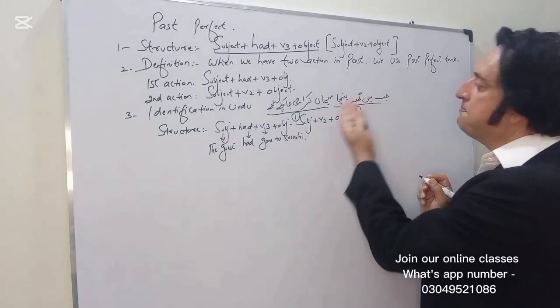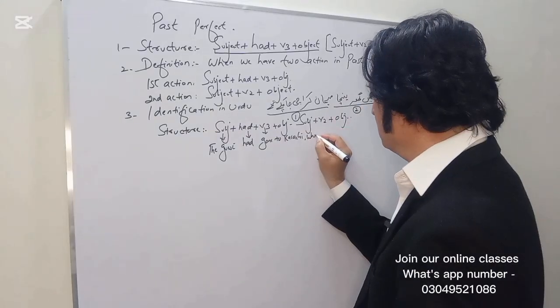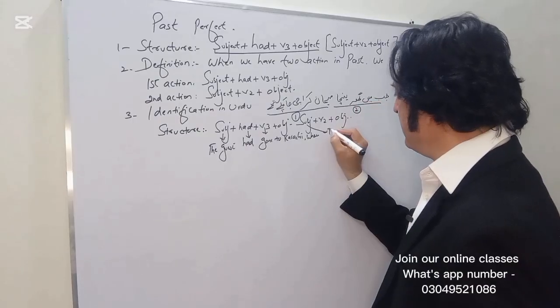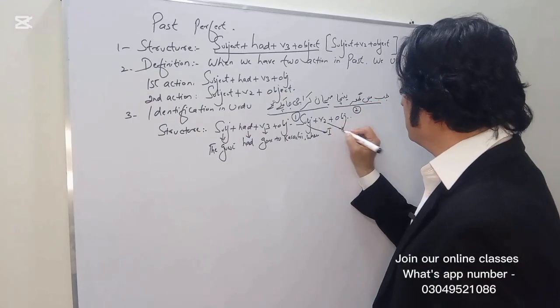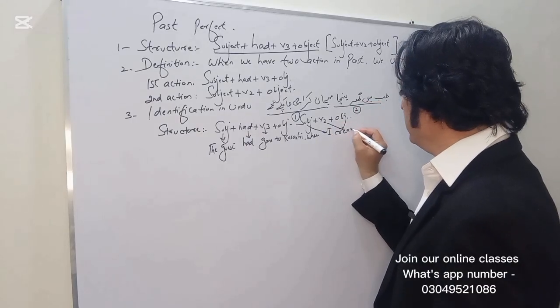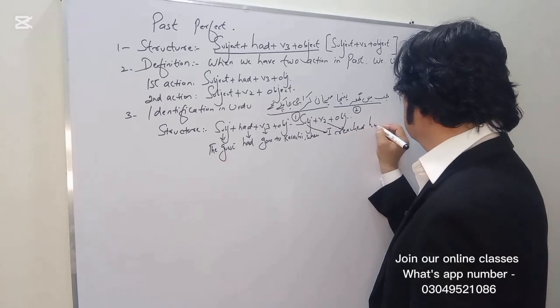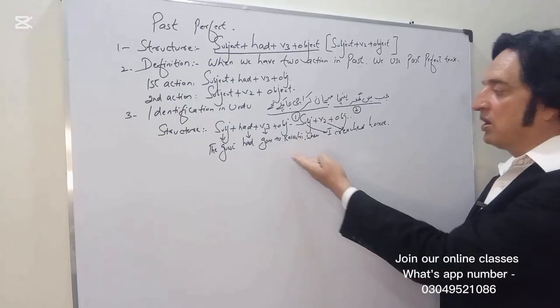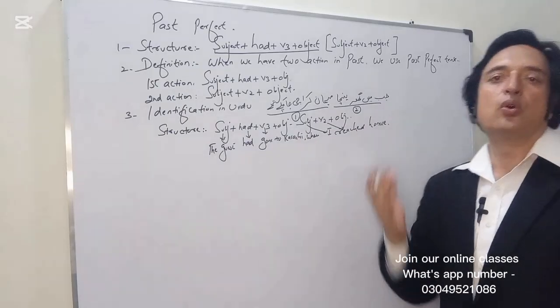Then "जब" means when, the subject is I, and reach becomes reached: when I reached home. So: the guest had gone to Karachi when I reached home.